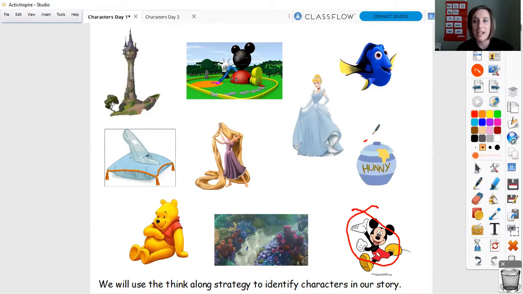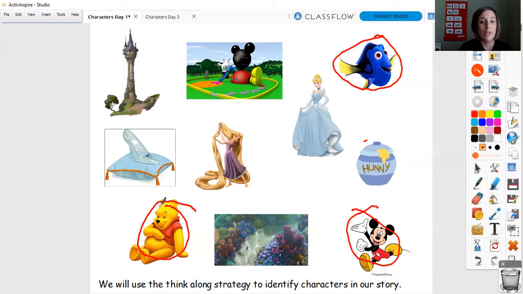Did you say that Dory is a character? Yeah, Dory is one of the characters in Finding Nemo. It's who the movie's about. Oh, I heard someone say that pot of honey isn't a character, but Winnie the Pooh is a character. That's who it is about.